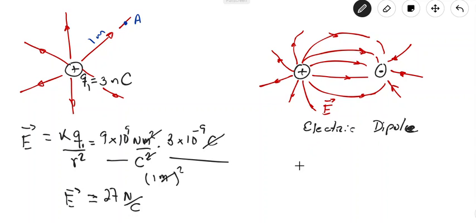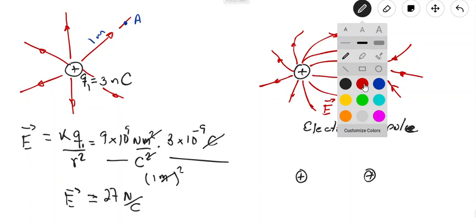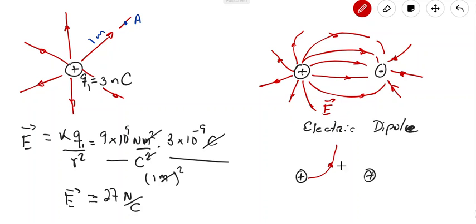Now, if we have charges with the same sign, like for example 2 positive charges, then the shape of the electric field lines will be like this, because remember there is a repulsion.